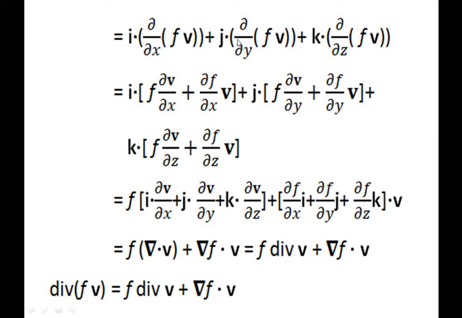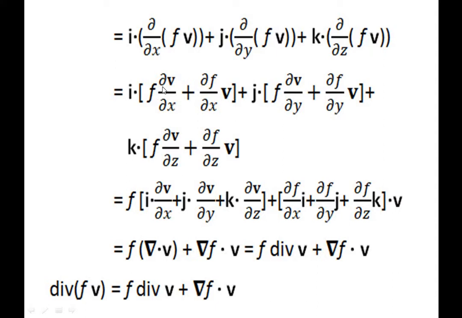Similarly for dou by dou y and dou by dou z. Then we take the partial derivative of fv with respect to x. We use the product rule for partial derivatives, that is, i dot f into dou v by dou x plus dou f by dou x v. That is, first function into derivative of second plus derivative of first function into second function.